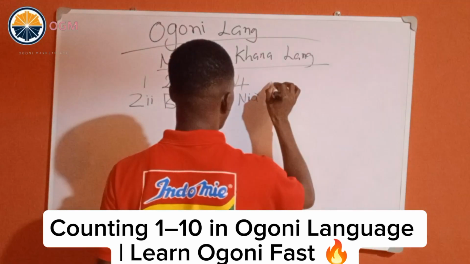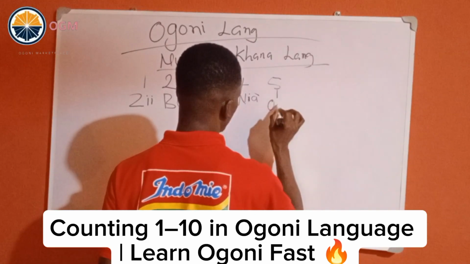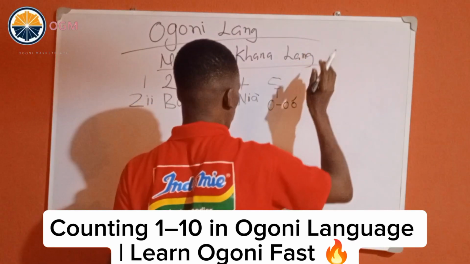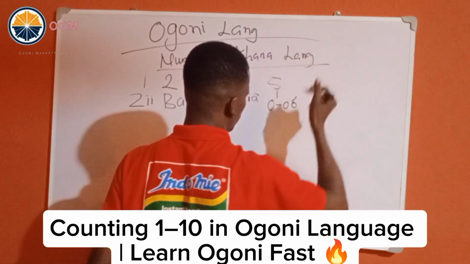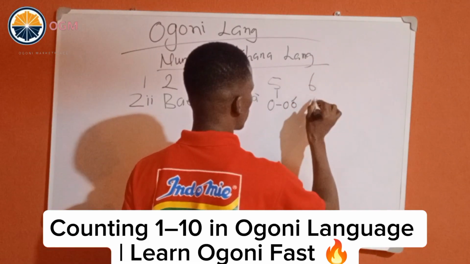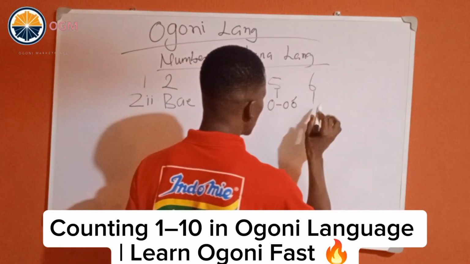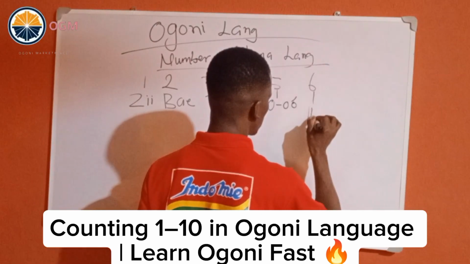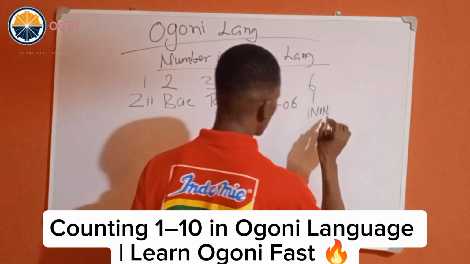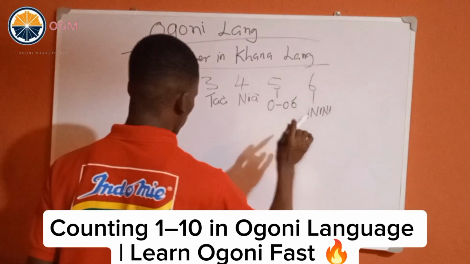We have 5, which is o. You draw it up when pronouncing it. Then we have 6, which is spelled and pronounced as ni. That is the spelling of 6 and the pronunciation.